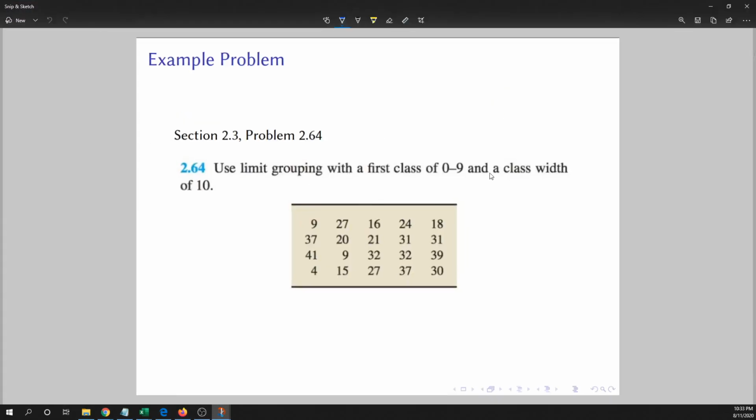All right, so they tell us that the first class is 0 to 9. So I'm going to write that down.